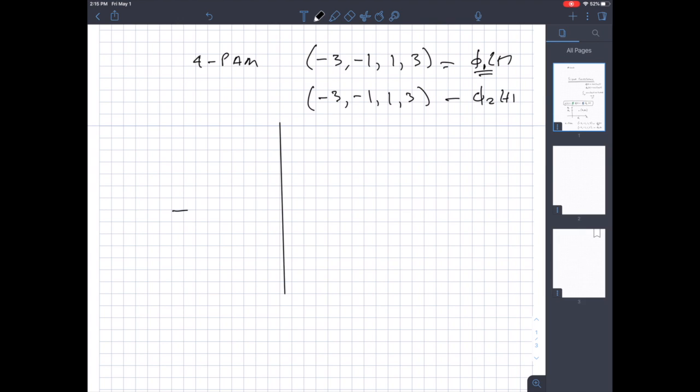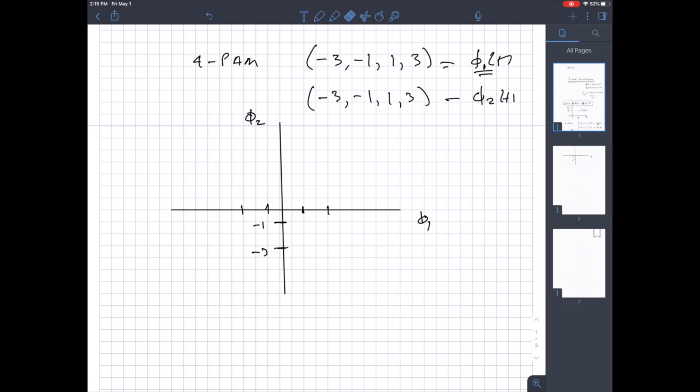Okay, so I can draw this signal diagram. If this is phi1, here's phi2. Wouldn't this now trace out a constellation in space that looks like 16 points? So for example, here's -1, -3, -1, -3, +1, +3.